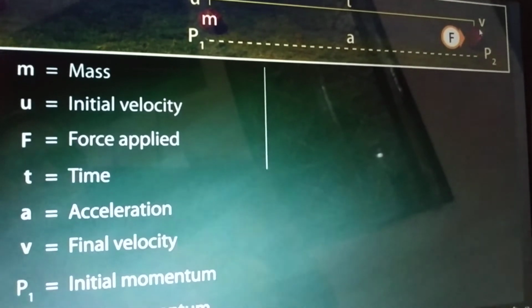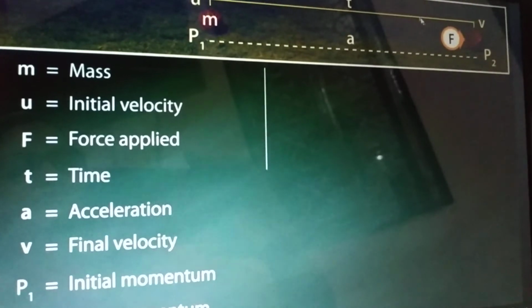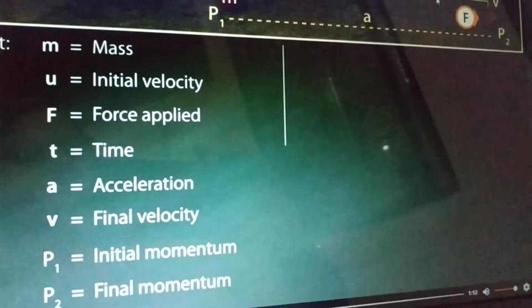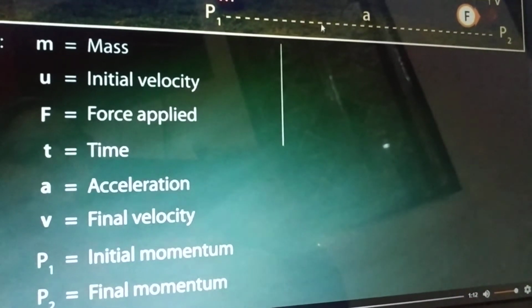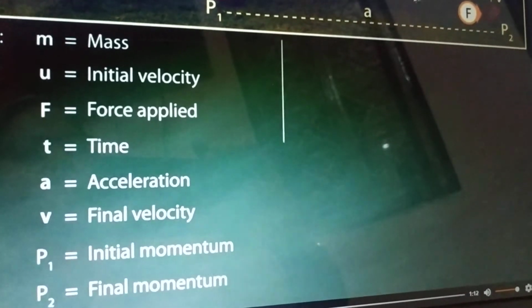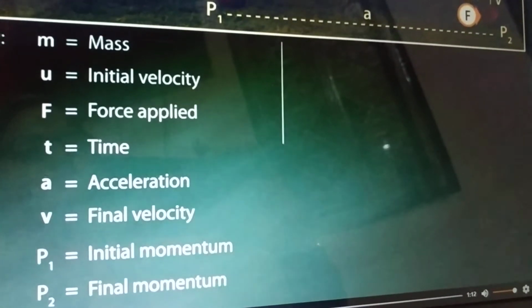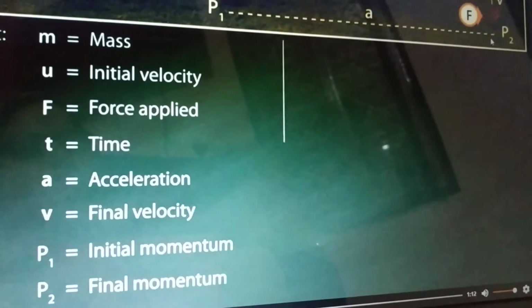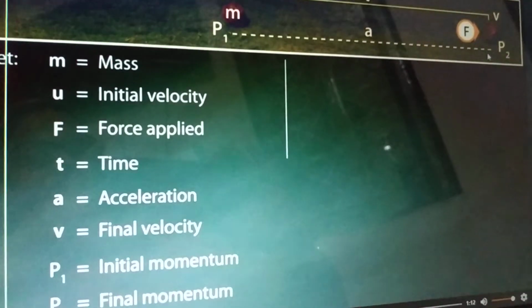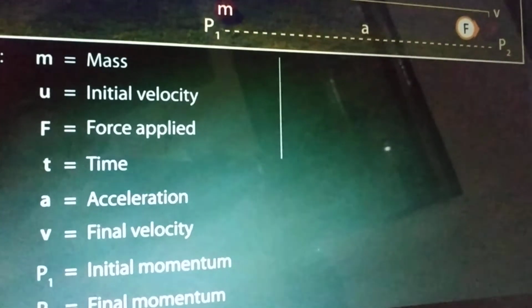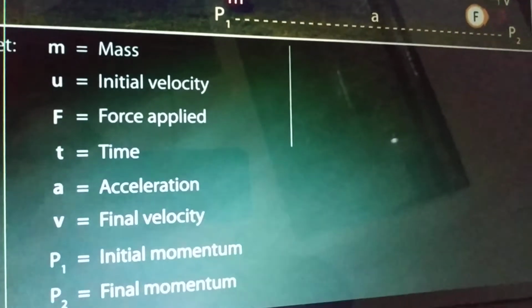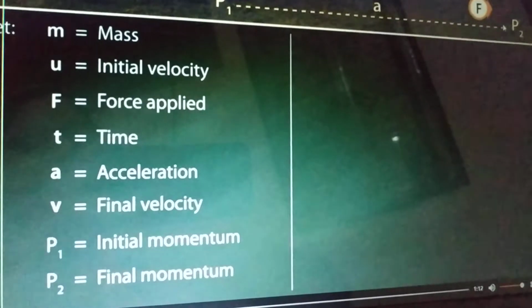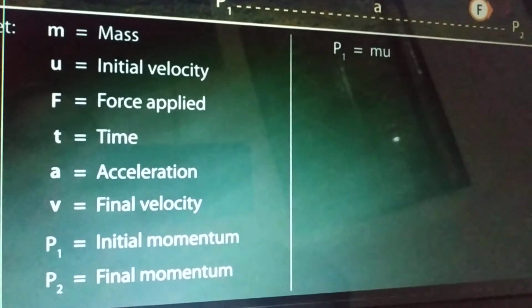It will be the final velocity. Here there is some acceleration because velocity is changing, so that will be denoted by a, over some time t. So p1 will be the initial momentum, and p2 the final momentum, you can say, right? So let us discuss more how we can prove it.